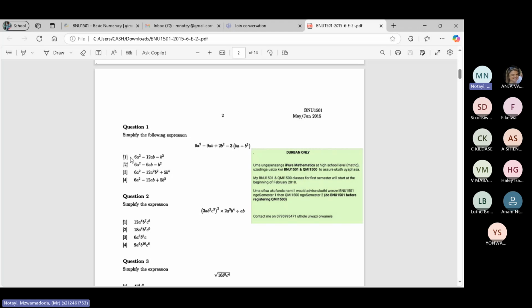You've got options there, option 1, option 2, option 3, option 4. So what is the simplified version of that expression in question 1? I think in the few minutes that we have left, we can do that one.